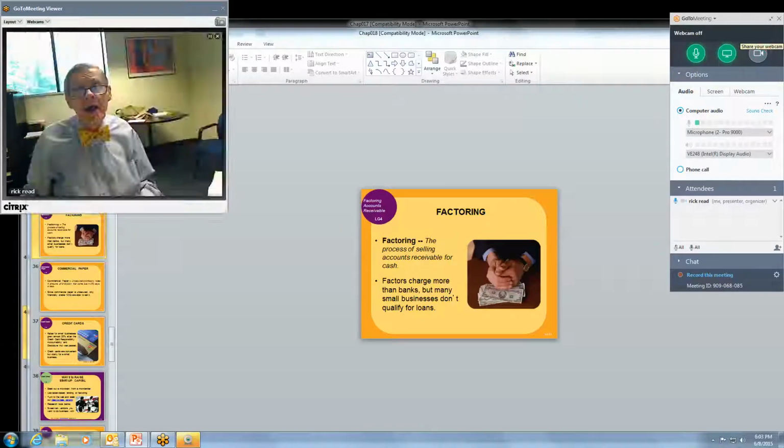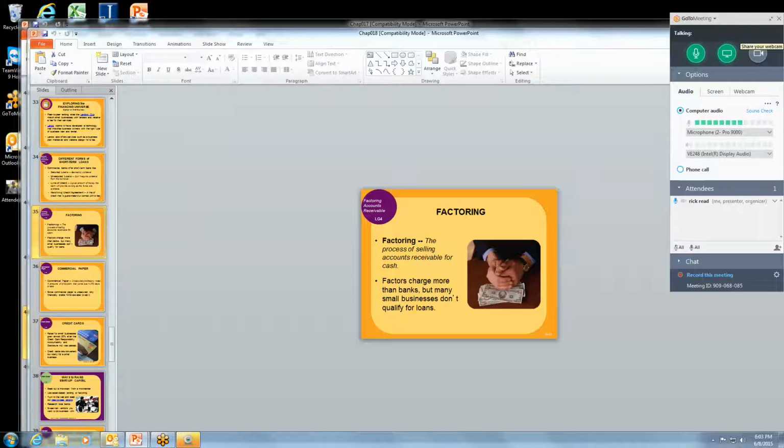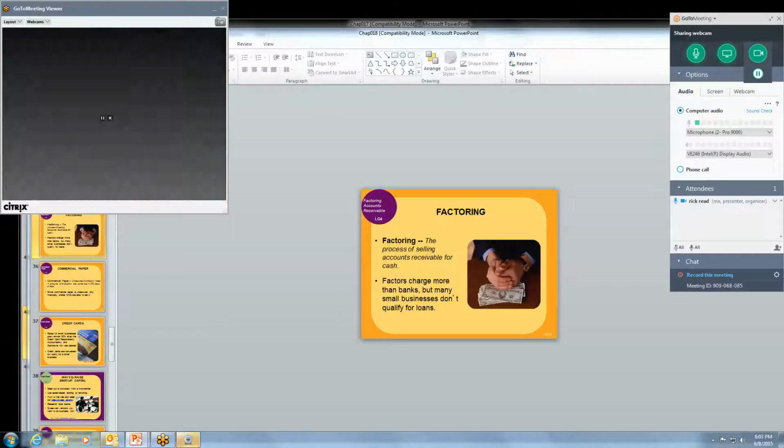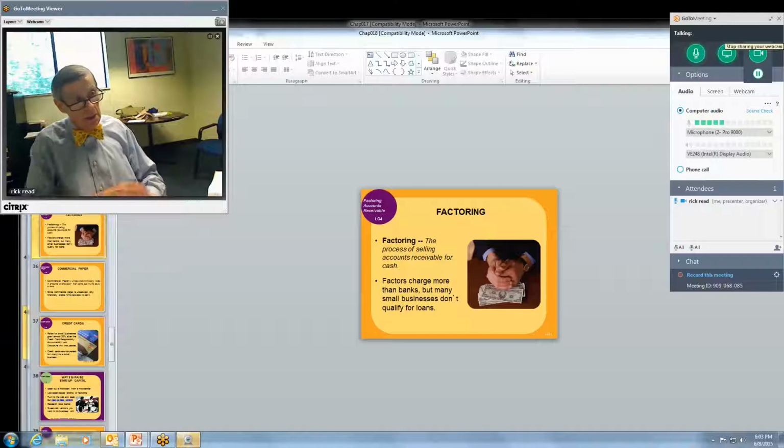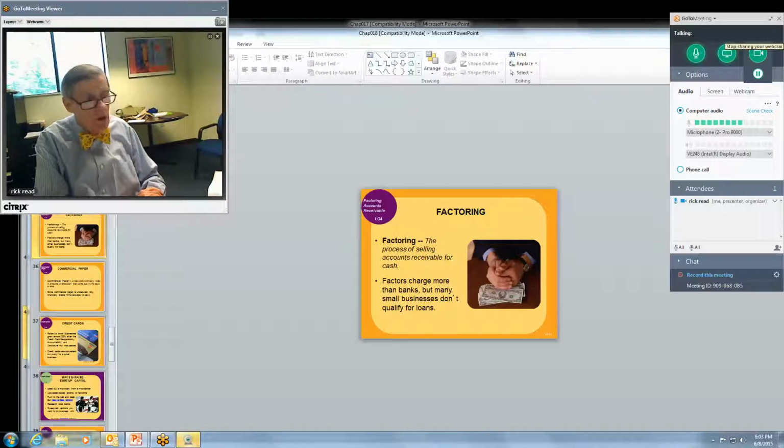Factoring. This is a different type of being able to get money. This is where a business, usually a small business, and normally because they're in need of money, will sell their accounts receivable to a factoring organization.